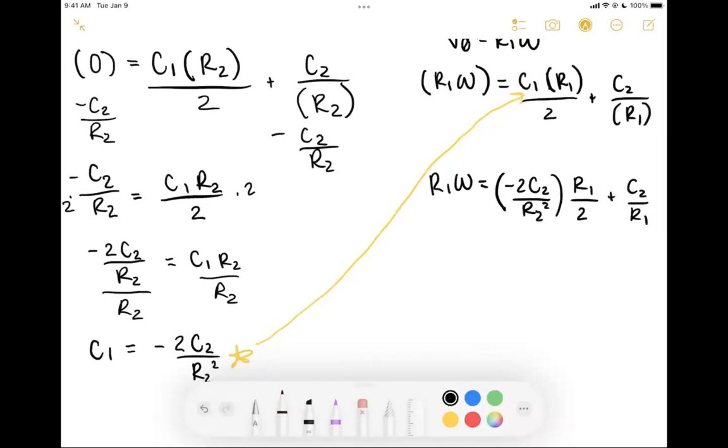This 2 ends up canceling out with this one, and then you're left with R1 is equal to negative C2 R1 over R2 squared plus C2 over R1.